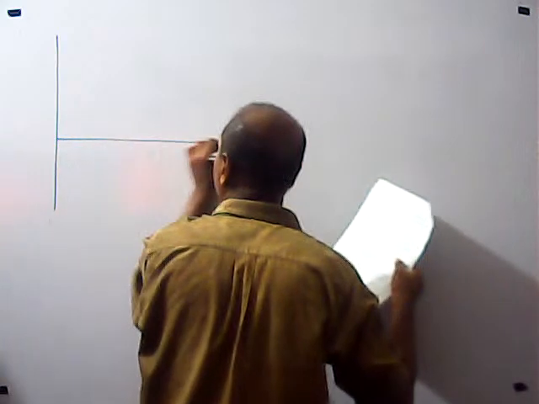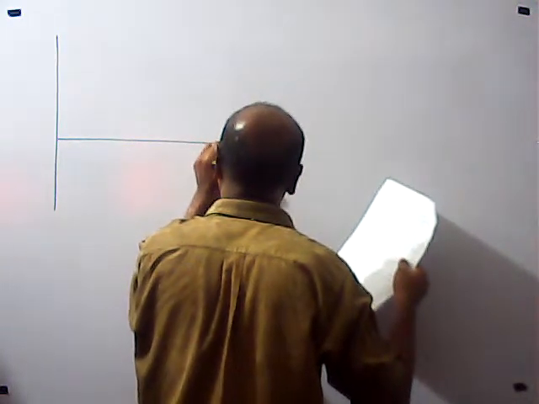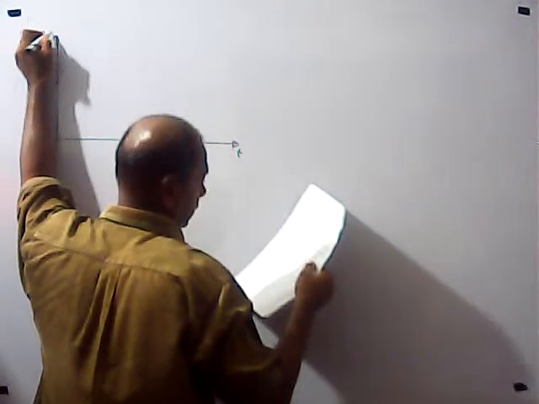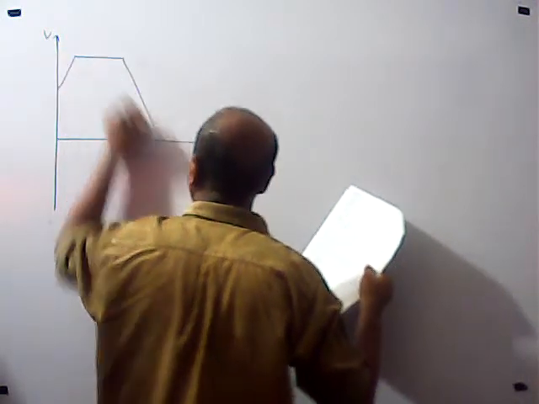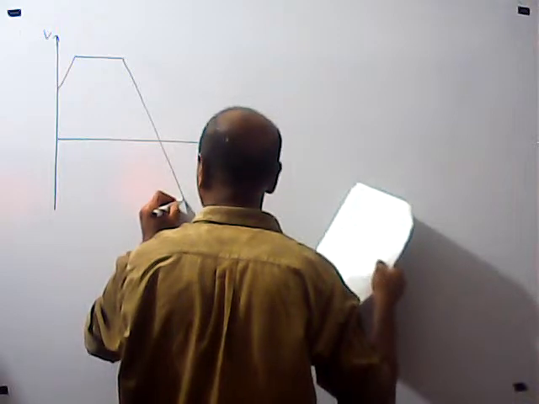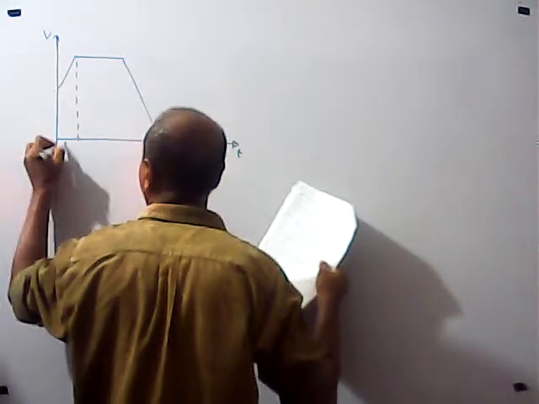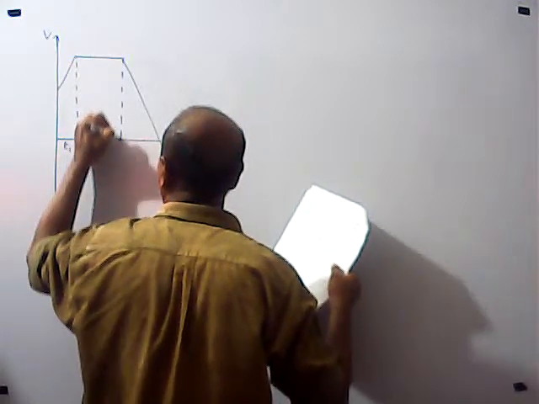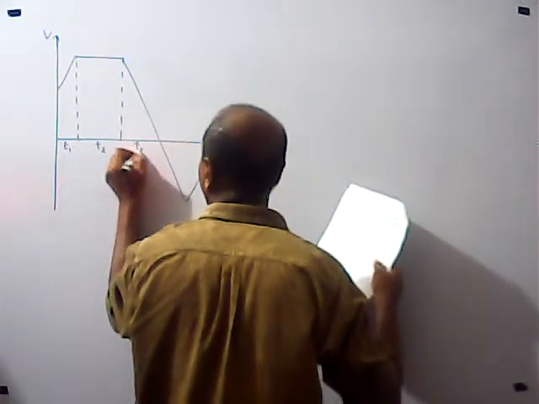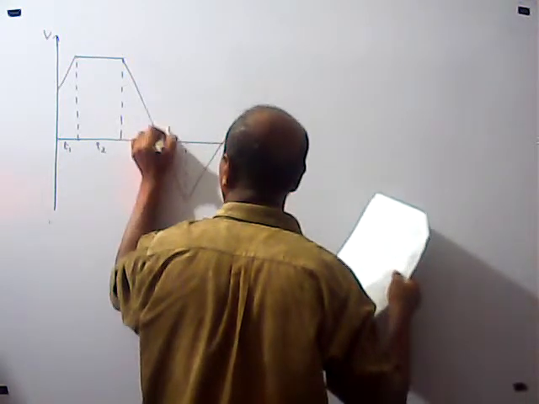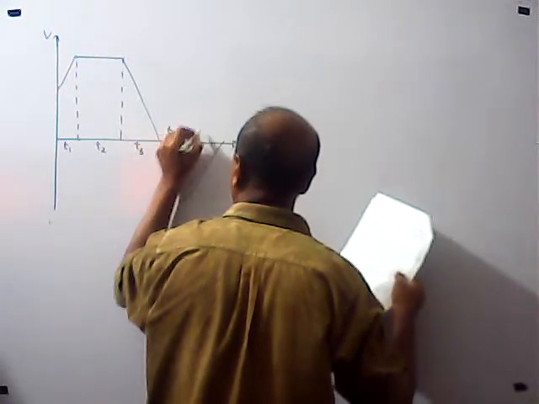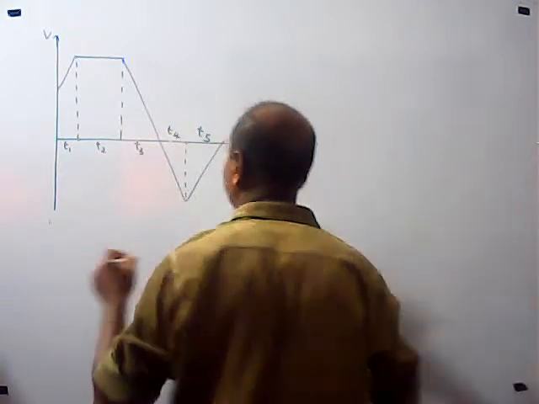The diagram is this. These are time intervals T1, T2, T3, T4, and T5.